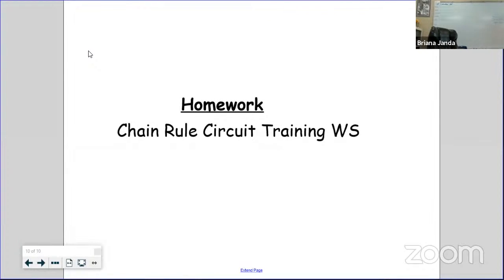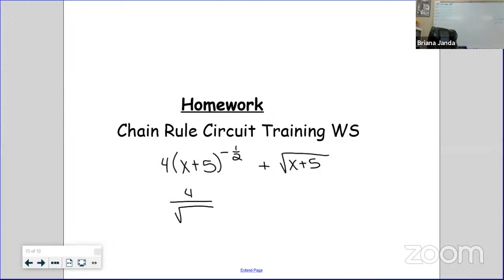2 of the problems you end up with, so something like 4x plus 5 to the negative 1/2 plus the square root of x plus 5, something like this, okay? As I'm cleaning it up, this would drop to my denominator and become a radical. They do not have an answer like that, which you're not going to find.